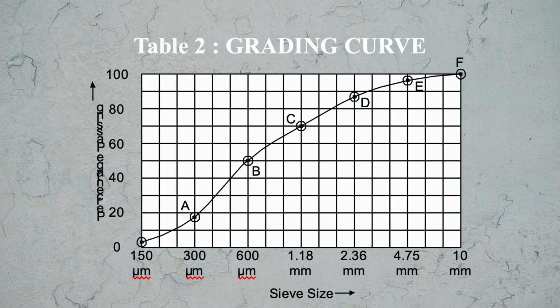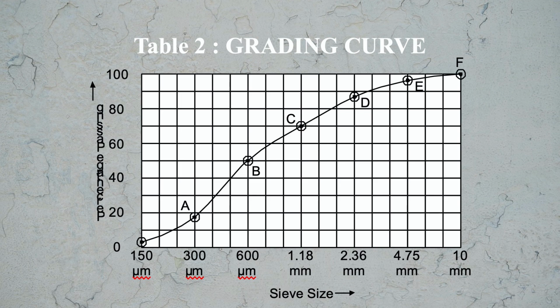Now it is 600 micron to 2.36 mm, and with this large range of sieve size, the percentage passing goes from 50% to almost 85% or 86%. So there are particles of many different sizes in this range.